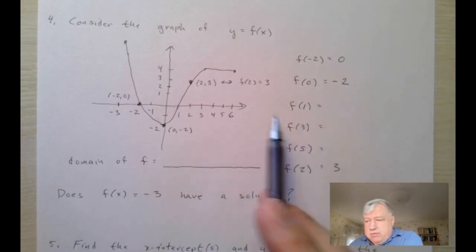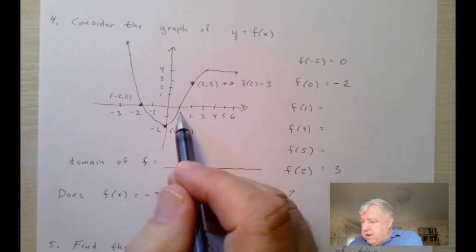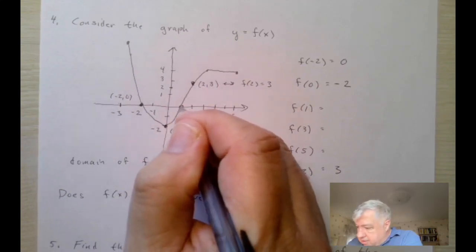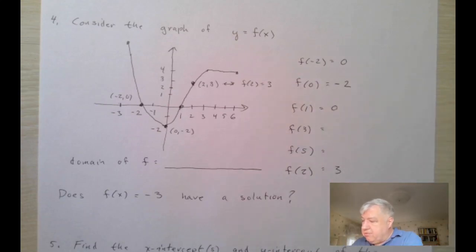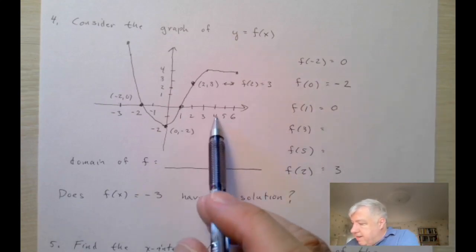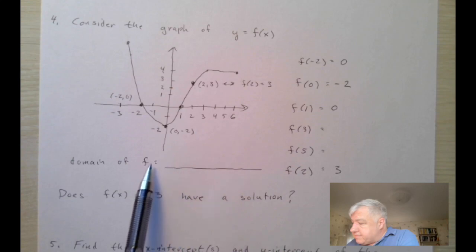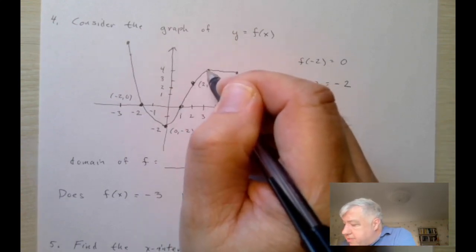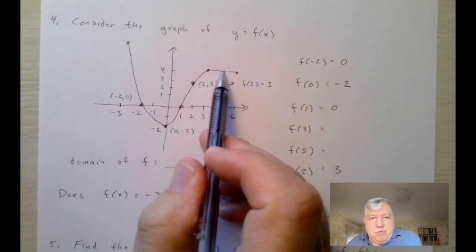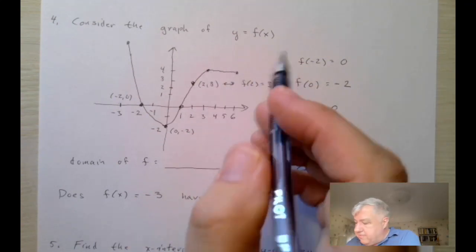F of 1, well, when is x equal to 1? It's right here. We have the point (1, 0), so the y coordinate is 0. F of 3: if we go up here, we're at this point, and at this point the graph kind of levels off.